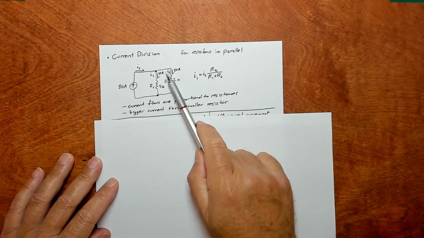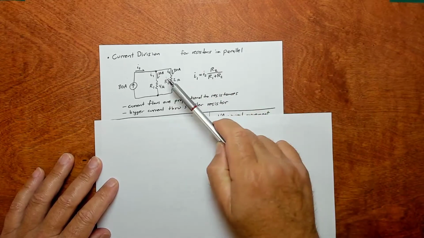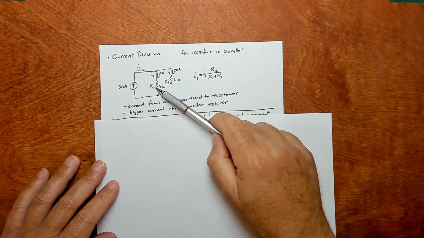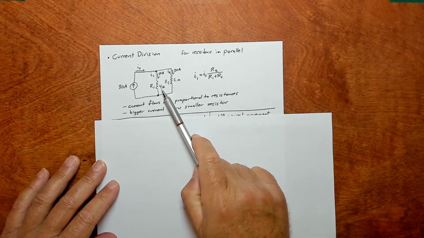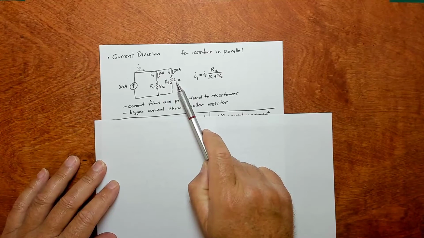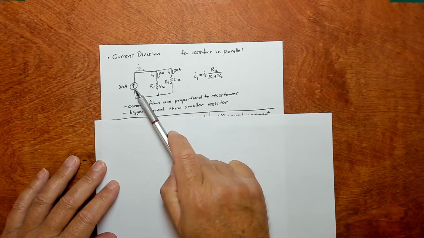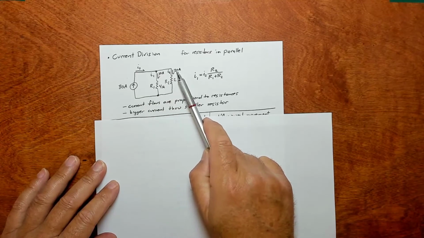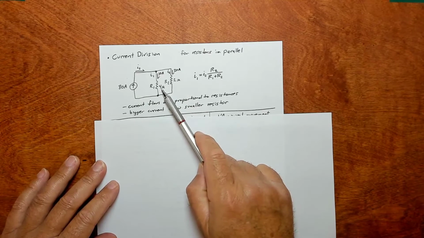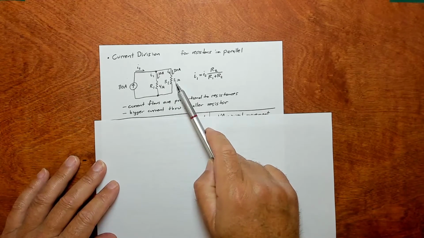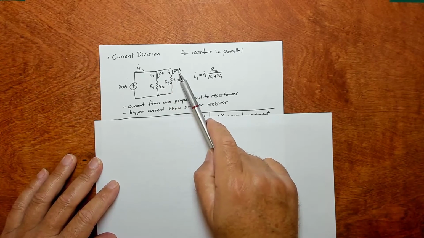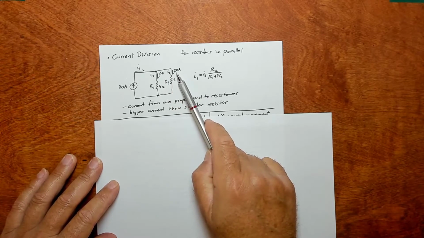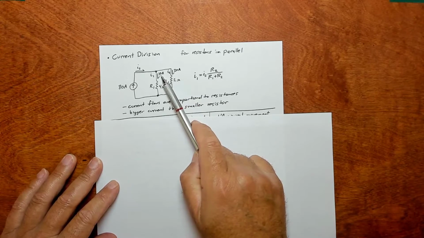And the ratio of the split is proportional to the resistor ratio. So here I have a 4 ohm resistor and then a 2 ohm resistor. So my 30 amps is going to get split 10 and 20. You see the 4 ohm resistor, that's twice the value of the 2 ohm resistor. It's a 2-to-1 ratio. So the current will have that same 2-to-1 ratio, right? The 20 amps is twice as big as the 10 amps.